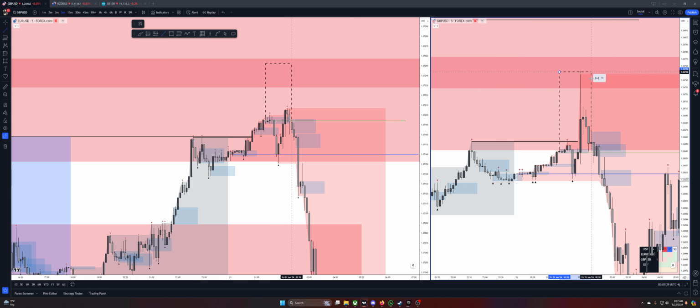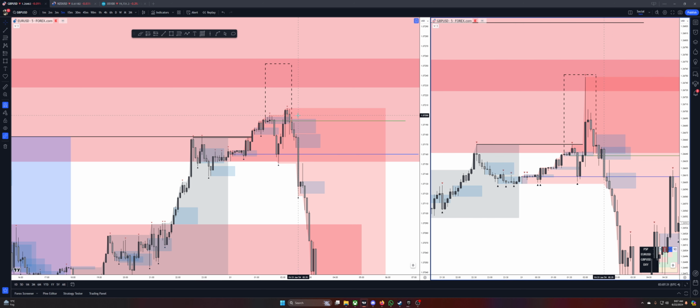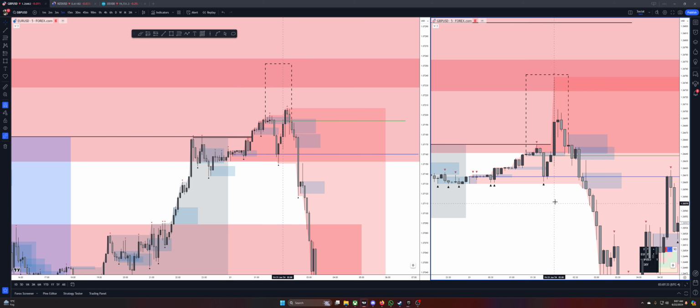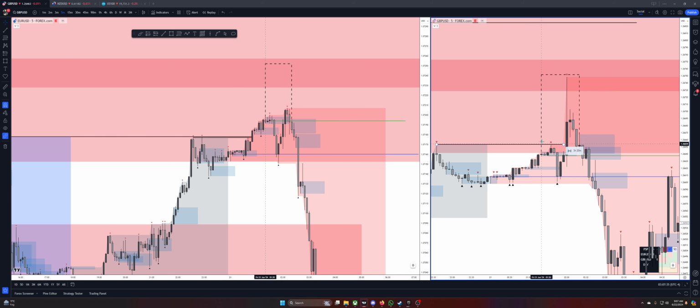So what did we just do? We just linked 2 5 minutes with each other. And between that 5 minutes, we had manipulation or accumulation or consolidation. But in that, price stayed technically the same.